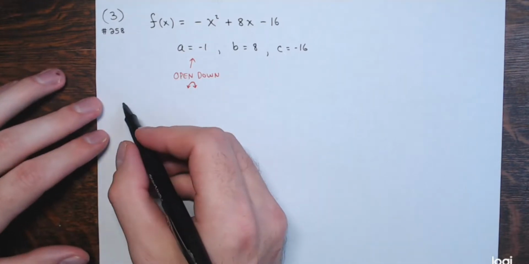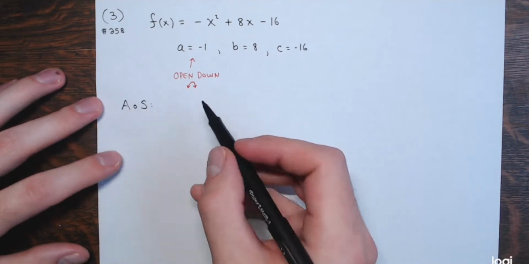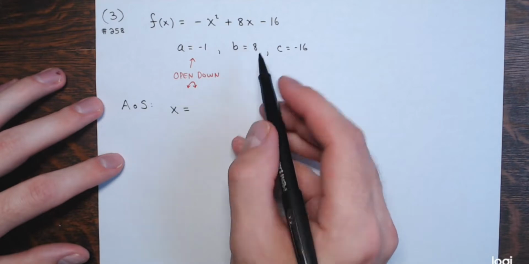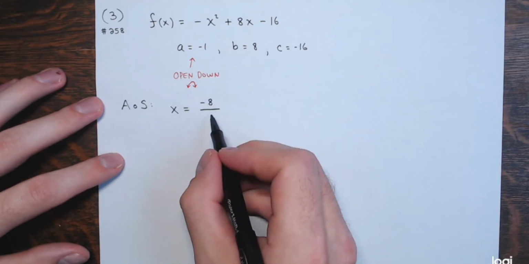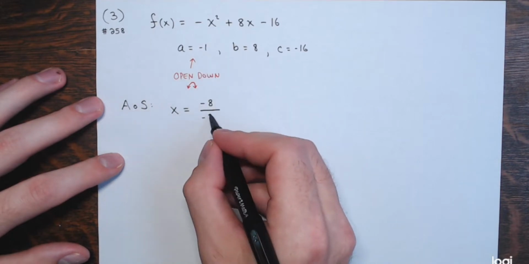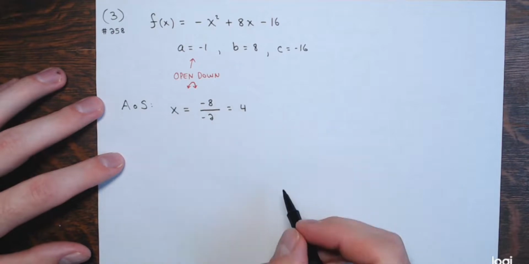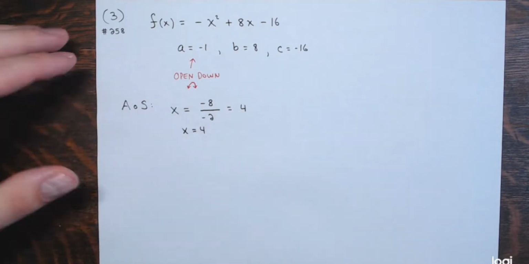Next I'll find the axis of symmetry. That's x equals the opposite of b, so -8 in the numerator, divided by 2 times a. 2 times -1 is -2, and -8 divided by -2 is +4. So x equals 4 is the equation of the axis of symmetry.